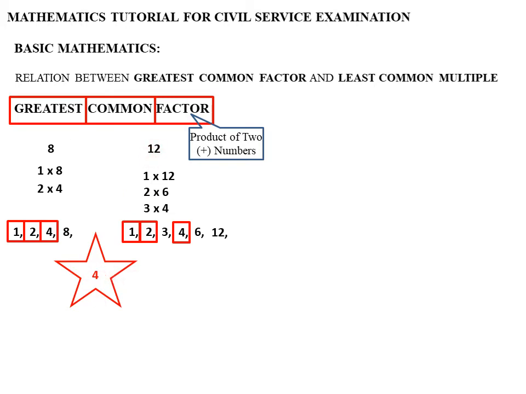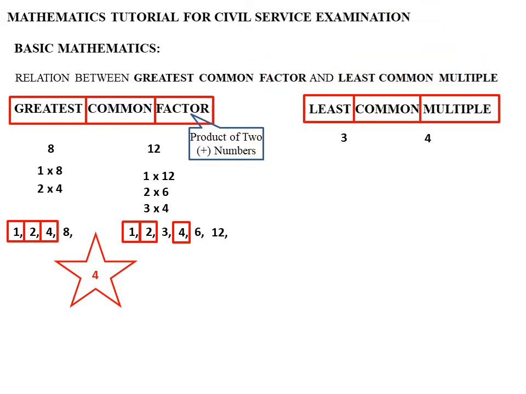Let's proceed to the least common multiple. Let's say we are required to compute the least common multiple of 3 and 4. Again, we need to understand the meaning of these three words: the least, the common, and multiple.